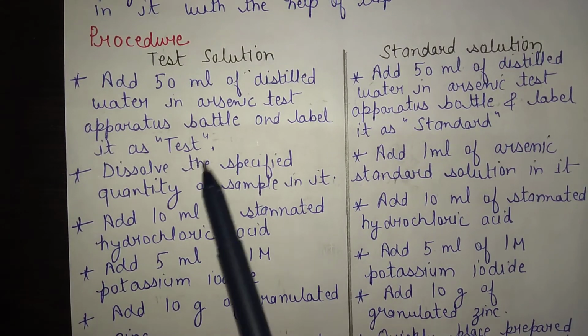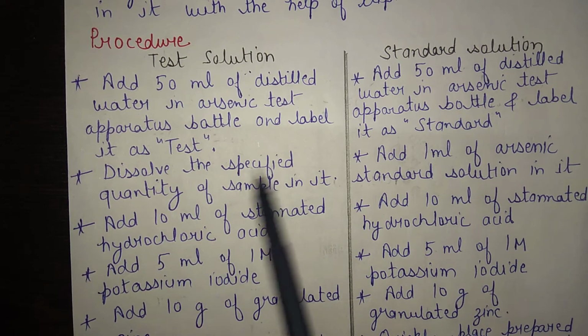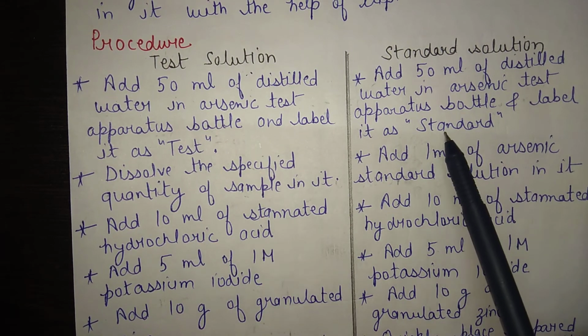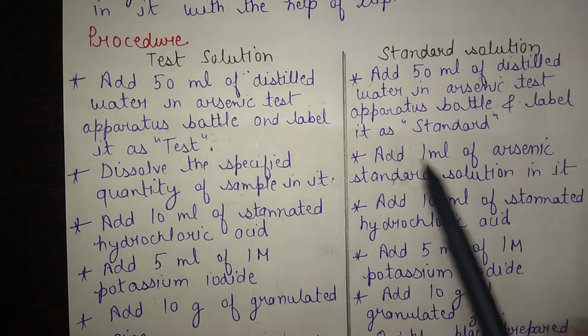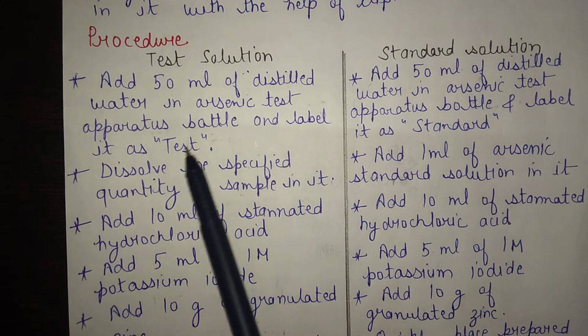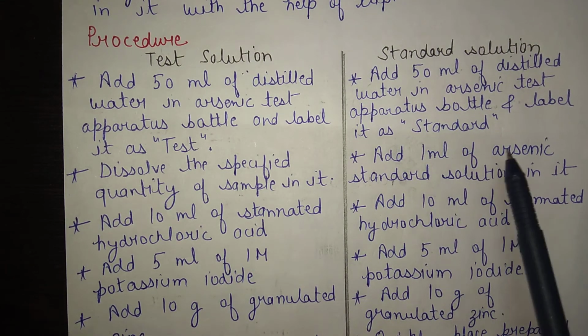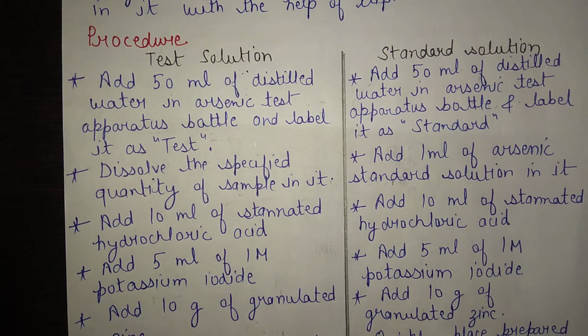Now in the bottle labeled test, we will dissolve a specified quantity of sample, and in the bottle labeled standard, we will add 1 ml of arsenic standard solution. Now the rest of the steps will be the same.